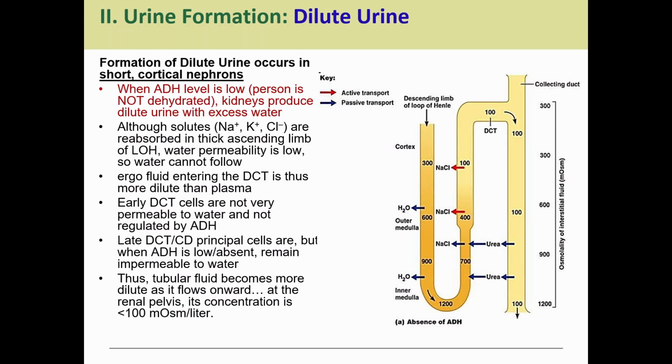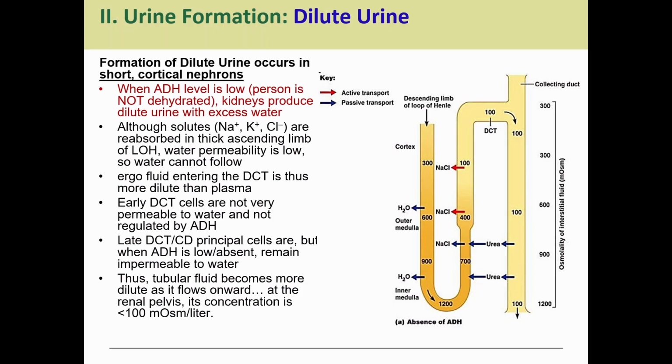So we do reabsorb solutes, right? But water permeability is low, so water doesn't follow because the water's already there. And so the fluid going into the distal convoluted tubule is more dilute. Then because of that, we're not going to be very permeable to water. We're not going to be regulated by ADH here. It's going to remain impermeable to water.